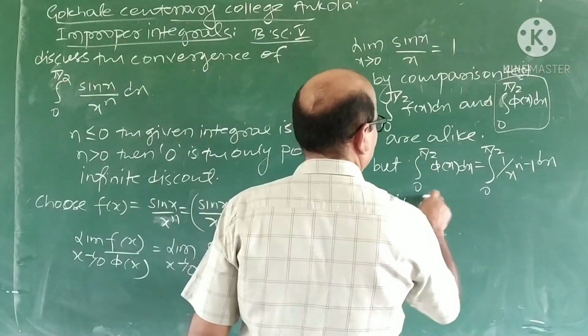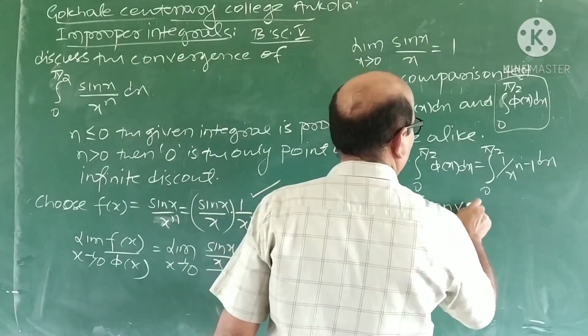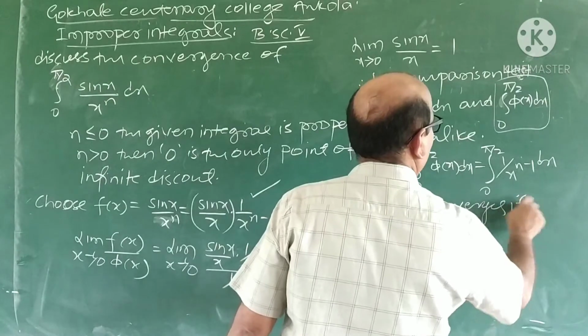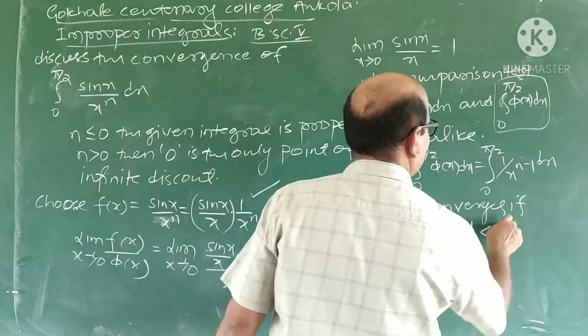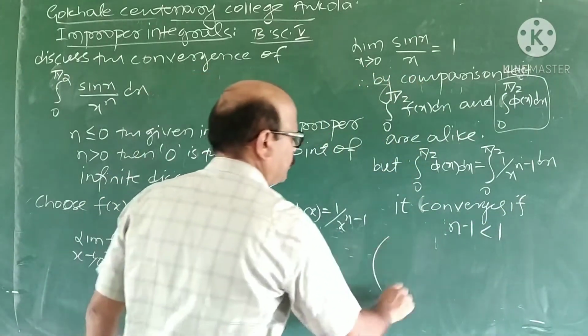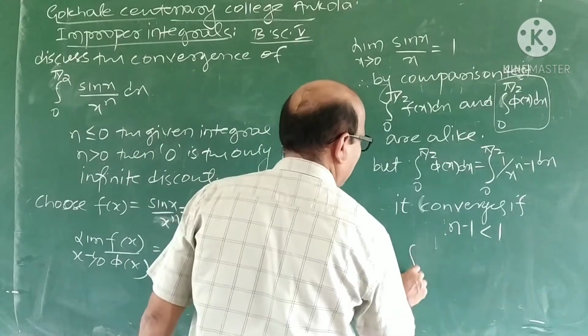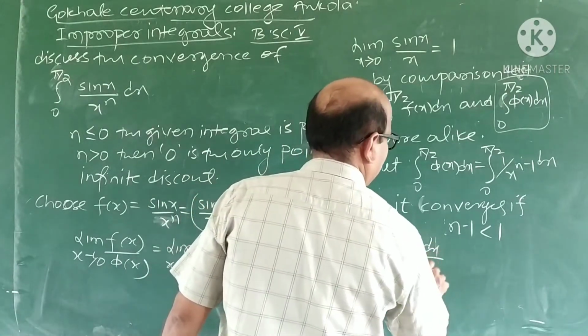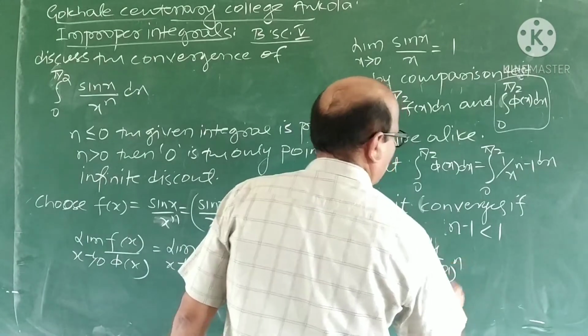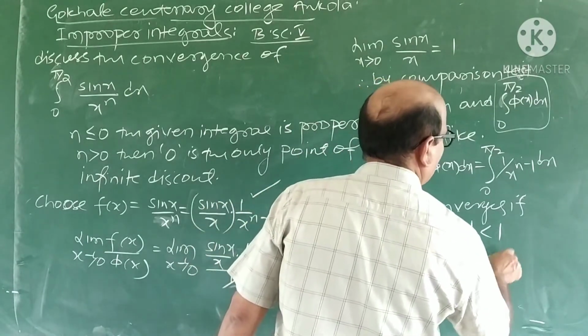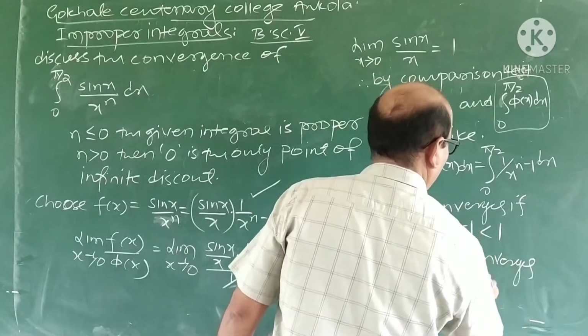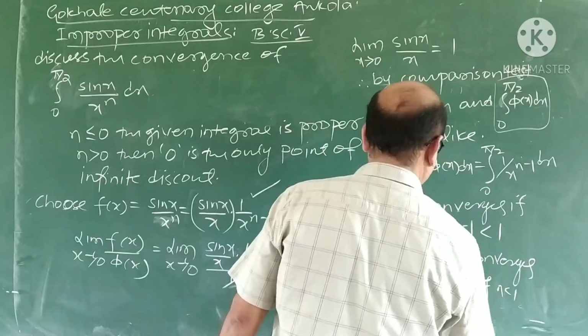If n minus 1 is less than 1, because you have studied that the integral a to b dx by (x minus a) raised to n converges if and only if n is less than 1.